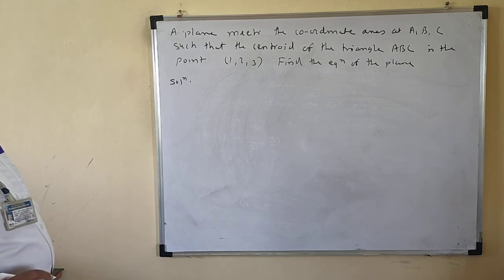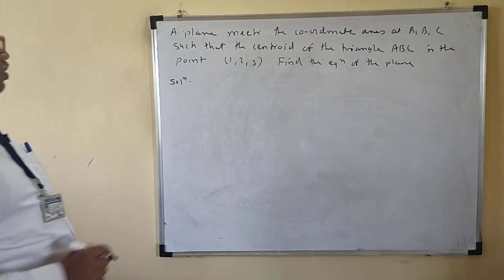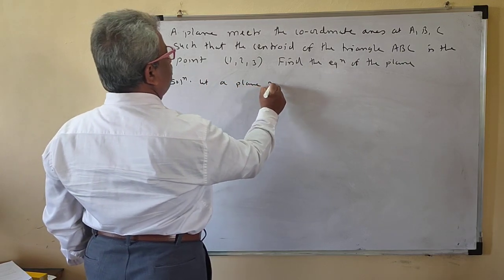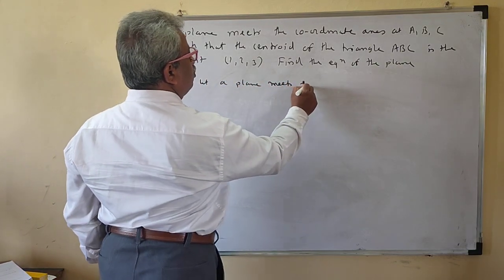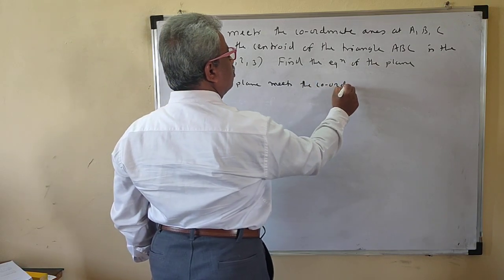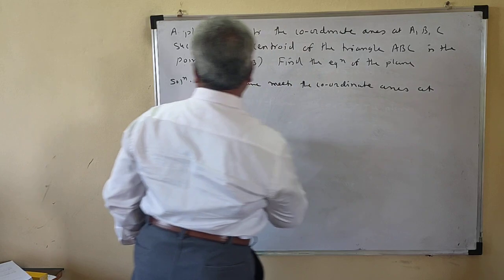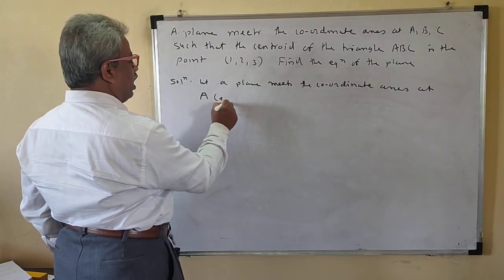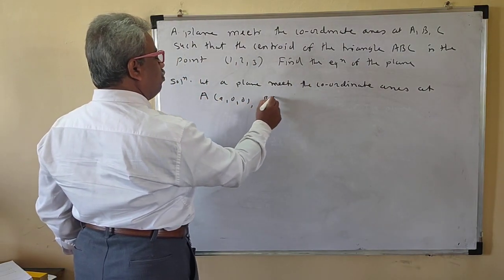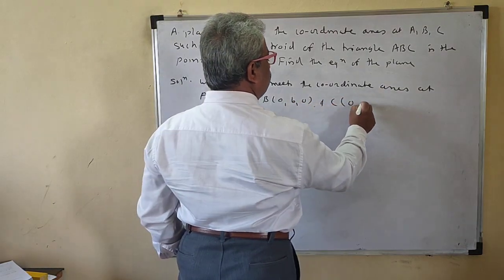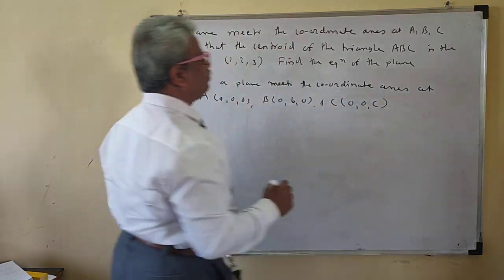A plane meets the coordinate axis at A, B, C. So let the plane meet the coordinate axis at A(a, 0, 0), B(0, b, 0) and C(0, 0, c).